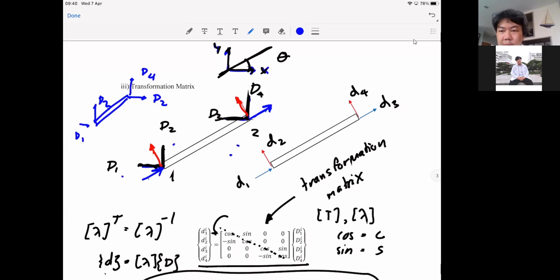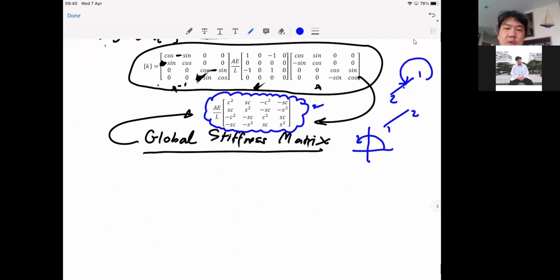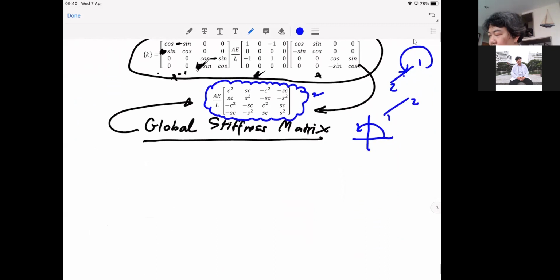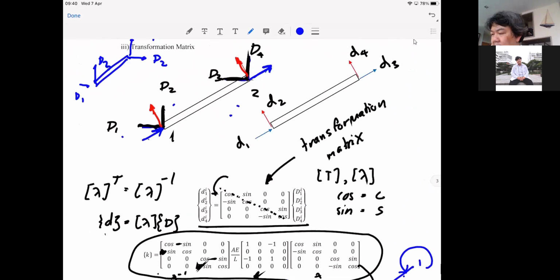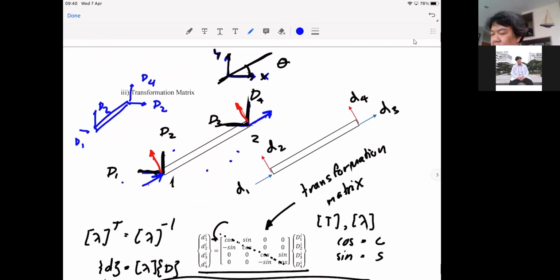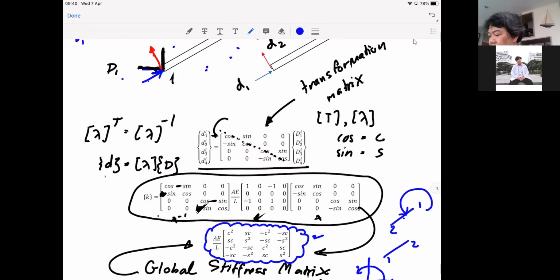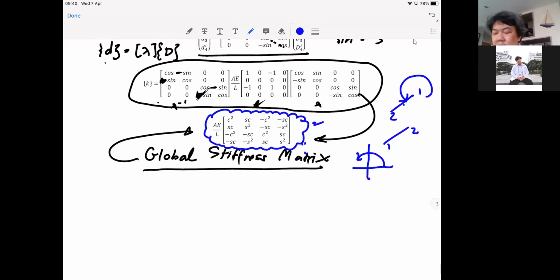It's not that you're wrong, but you must be mindful that your matrix will not look like this. If you want to use your matrix that looks like this, please keep in mind that this has been developed using this nomenclature. So now we have this formula. We can use this to construct the global stiffness matrix of each member.